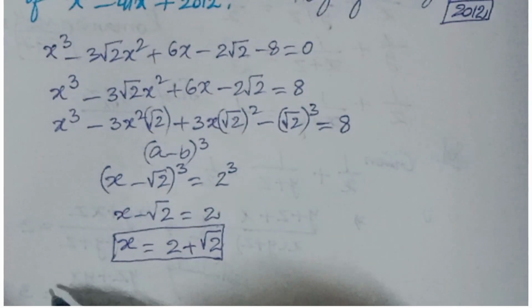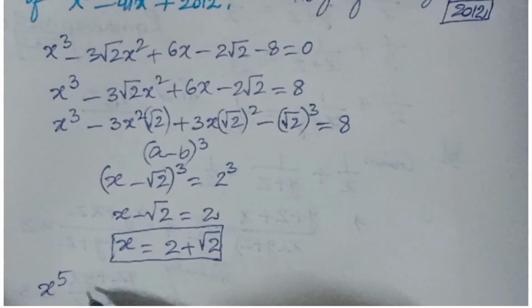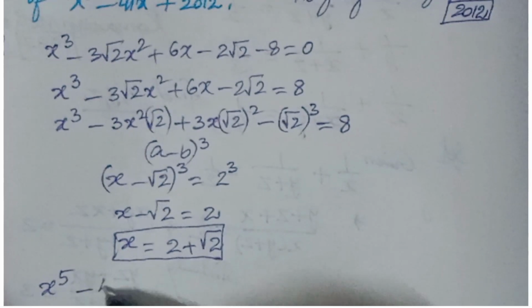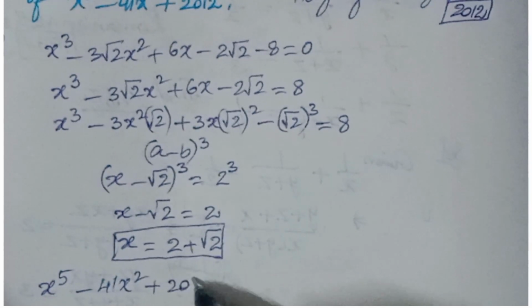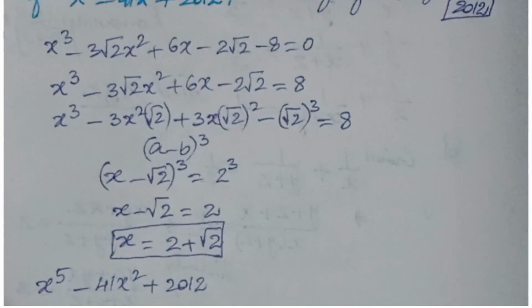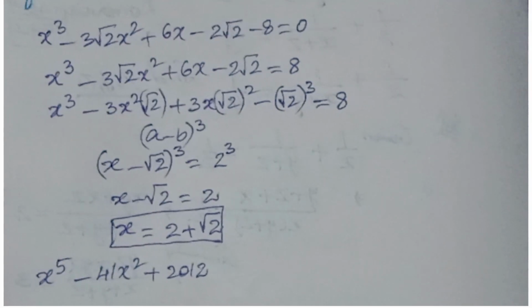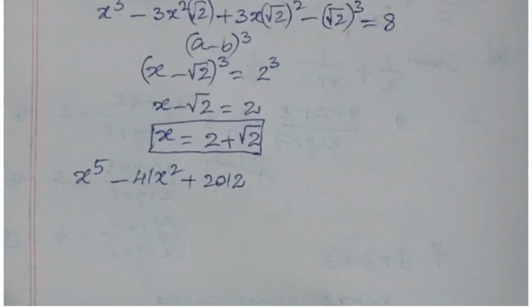Now here you have to find the value of x to the power of 5 minus 41 x square plus 2012. So here you can do this in two ways. First I will do the substitution method.